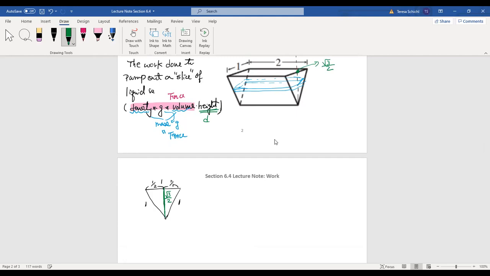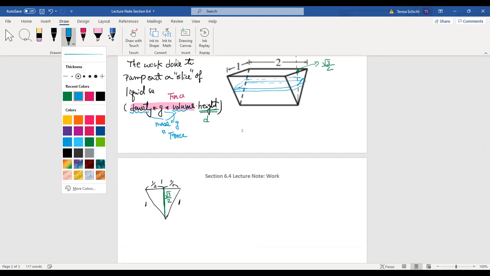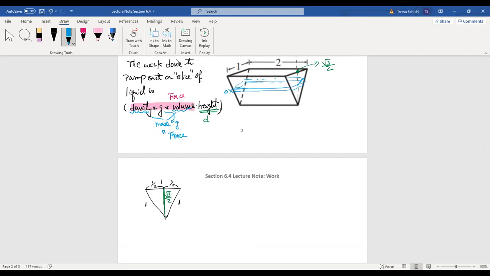Now this is the thin slice we cut. This is a very thin slice, so this is my delta x. Let's say this is the x value, so this is my xi star.